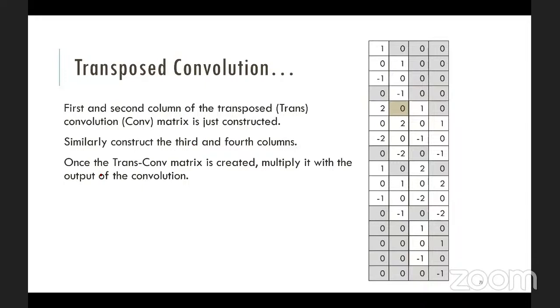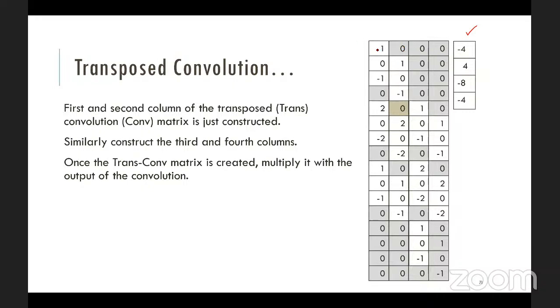Once this transposed convolution matrix is created, we can multiply it with the output of the convolution. See, this is your output of the convolution. We got it from a 4 cross 4 input, and now we want to convert this 2 cross 2 input into a 4 cross 4 input, right? So just convert it into a 1D vector, and perform the multiplication here.